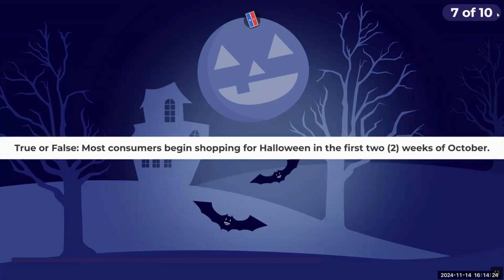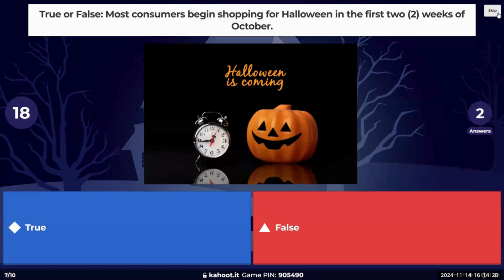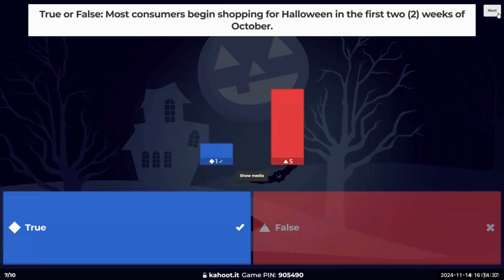True or false? Do most people begin shopping for Halloween in the first two weeks of October? Do you? And as a follow-up, how soon do you put up your Christmas tree? True, that is true. The consumer science theory is that we have the 4th of July as a big holiday, and then there's kind of a drought as far as celebrations go.